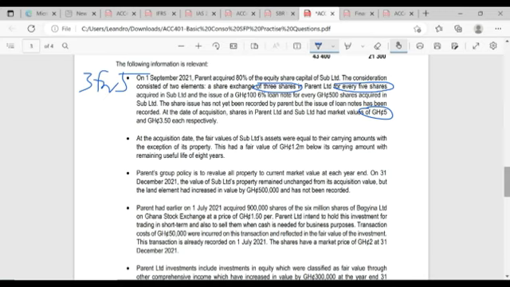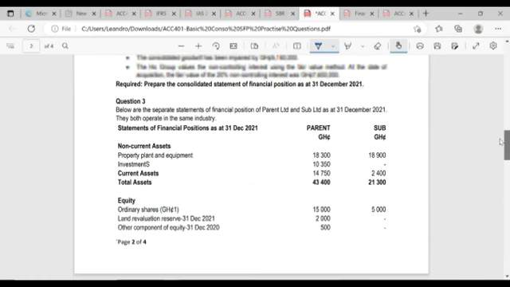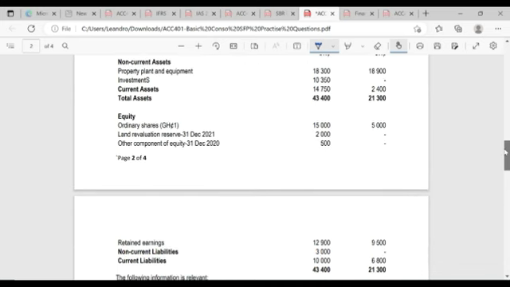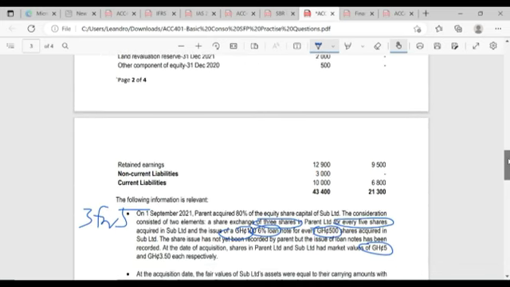The second is the issue of 100 Ghana cedi 6% loan note for every 500 shares. Again, 80% of shares acquired. Let's check the number of shares. The number of shares is 5,000.